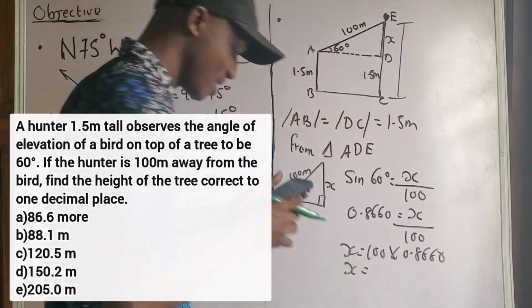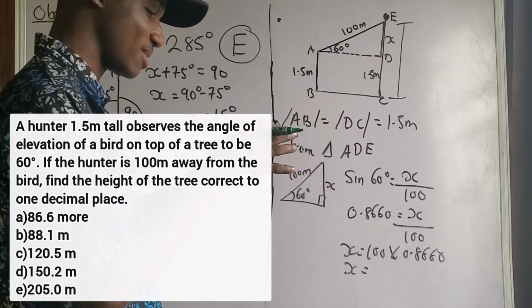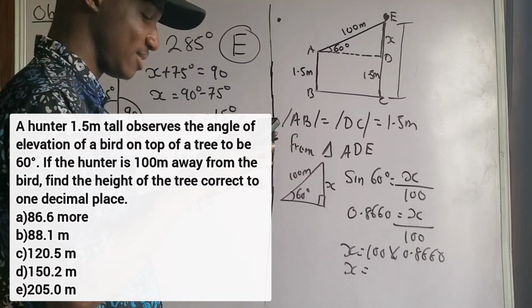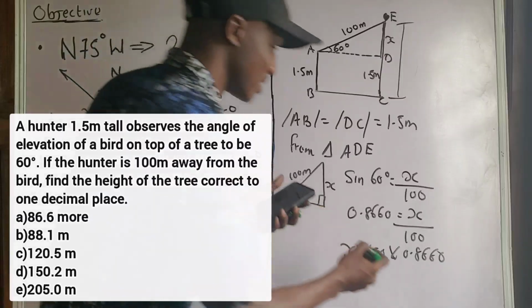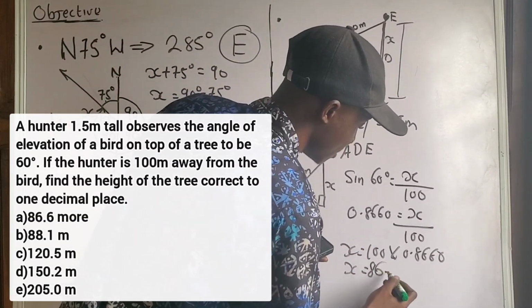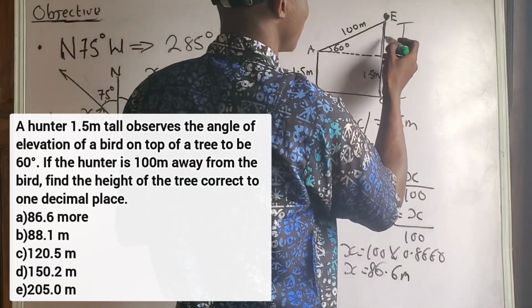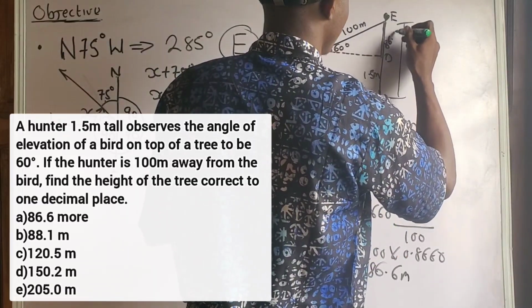Punch it on your calculator, 100 times 0.8660. That is 86.6 meter. So the value of this distance is 86.6 meter.